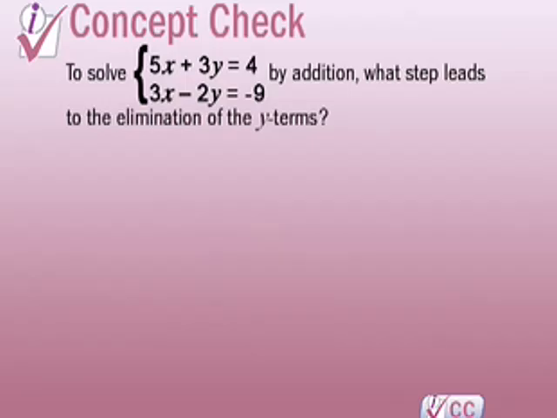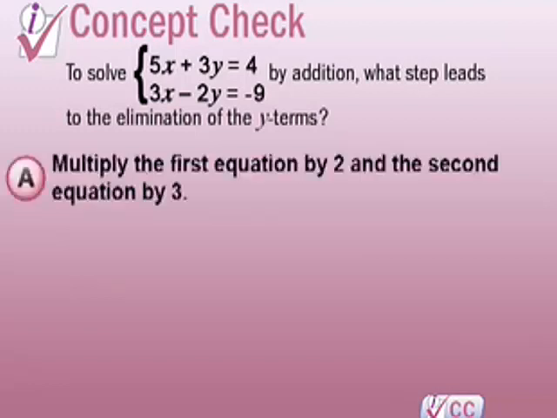To solve the system, 5x plus 3y is equal to 4, and 3x minus 2y is equal to negative 9 by addition, what step leads to elimination of the y terms when adding the equations? Is it choice A, multiplying the first equation by 2 and the second equation by 3?